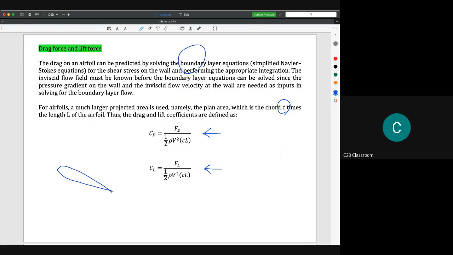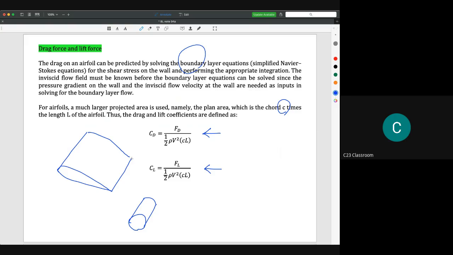If we discuss the cylinder or the sphere, it is not near to the real application, and the angle of attack is not easy to set up for the cylinder or the sphere. For the airfoil here, we could set up an angle of attack.